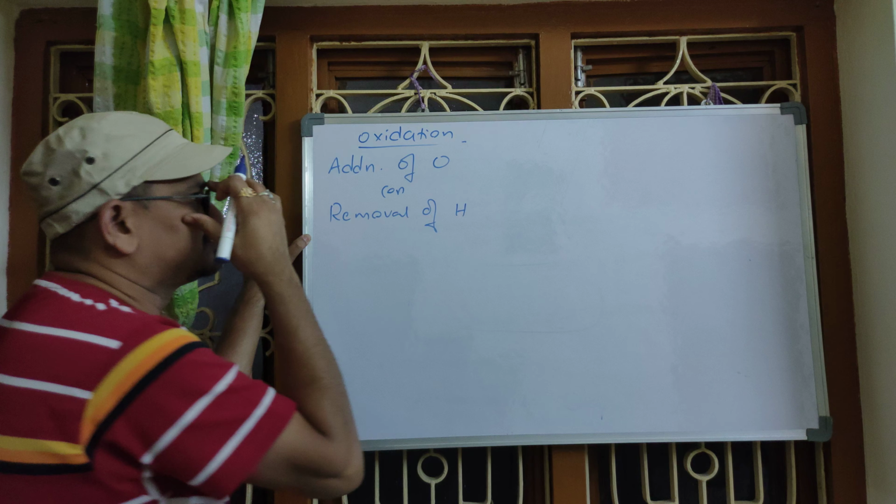Now using that concept we can assess which reaction is oxidation, which reaction is reduction, and by learning these two we can predict what is oxidizing agent, what is reducing agent, and its equivalent mass also can be readily calculated. Understood? So this is our present topic.